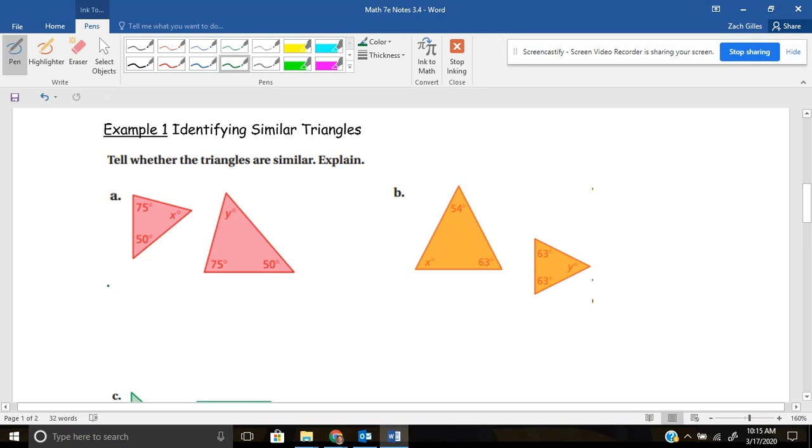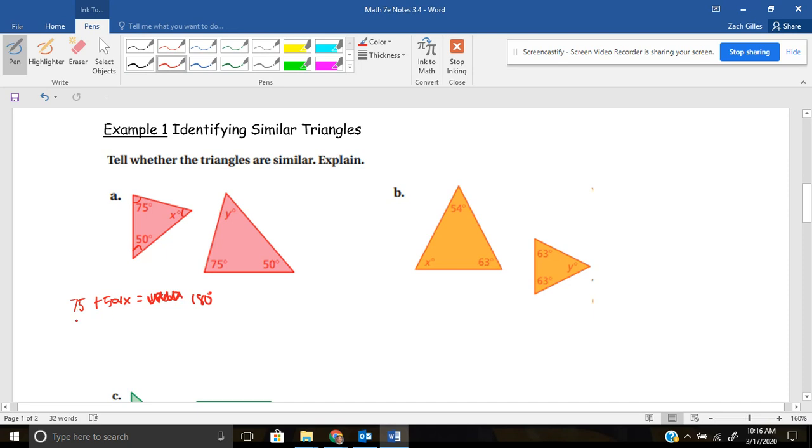Right here we've got in the first triangle 50 degrees, 75 degrees, and X. And in the second one, we've got 50 degrees, 75 degrees, and Y. So if I'm thinking about an equation to write for this triangle, I would say 75 plus 50 plus X. We know that needs to equal 180 degrees, because that is one of our rules about triangles: the three angles added together need to add up to 180.